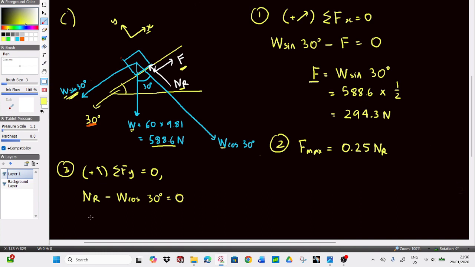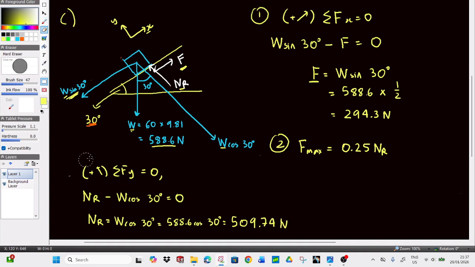So your NR would be W cosine of 30 degrees, which is 588.6 cosine 30 degrees, so 509.74 newtons. Sorry, this should actually be part 2, and this is part 3.